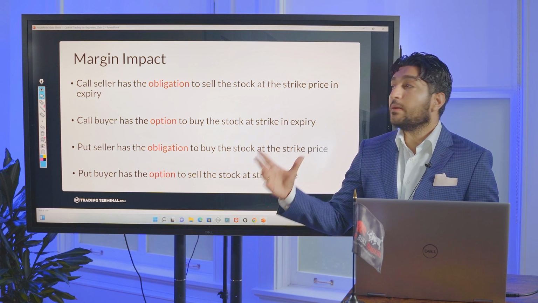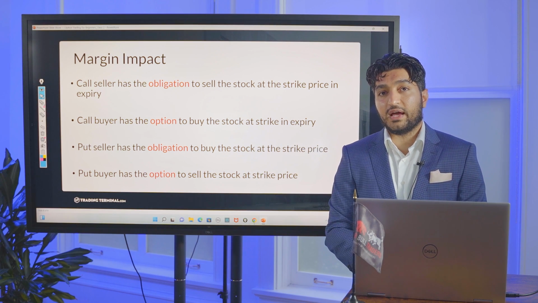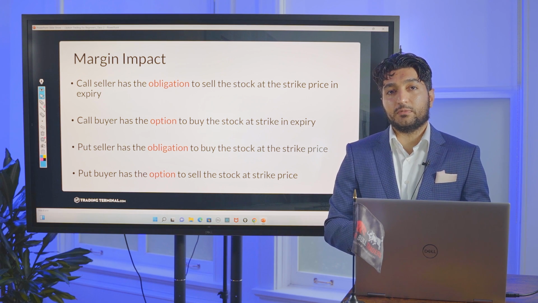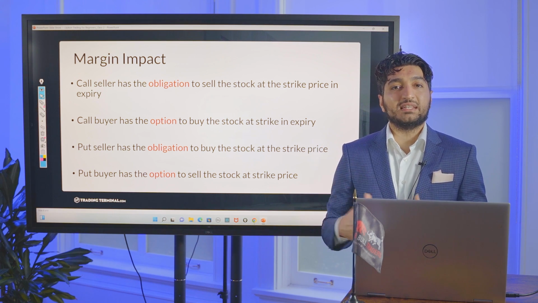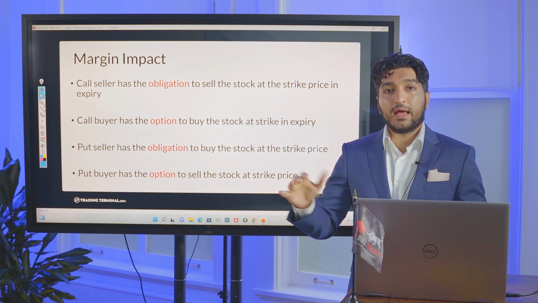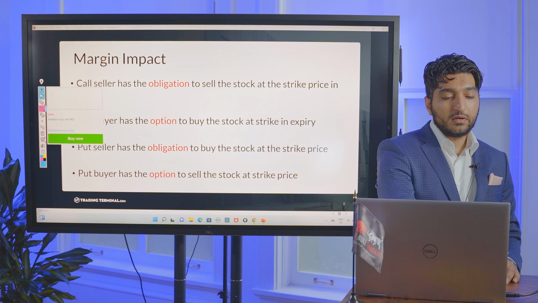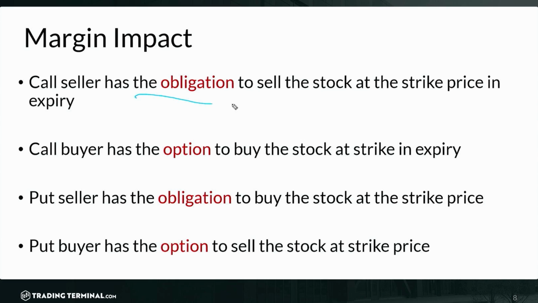This slide by far is the most important slide in this course. You have the PDF format of these classes available, so I recommend printing these out, and especially this slide, and put it on your wall. When you're a call seller, you have the obligation to sell the stock at the strike price at expiry.